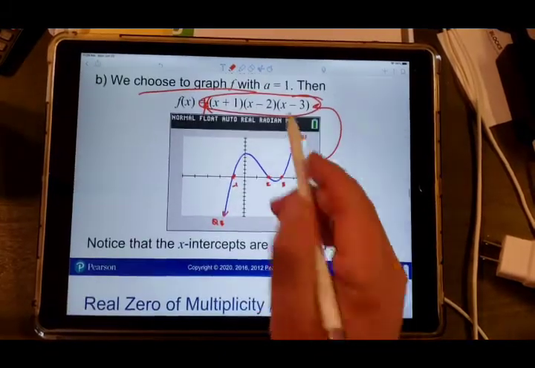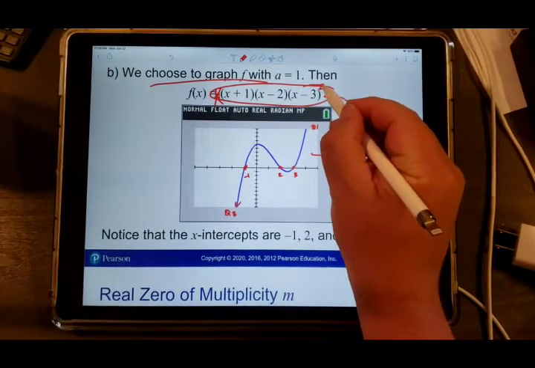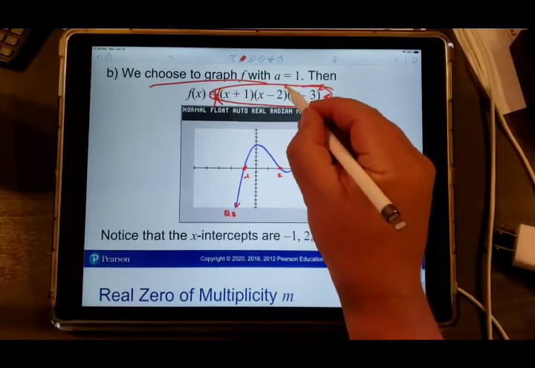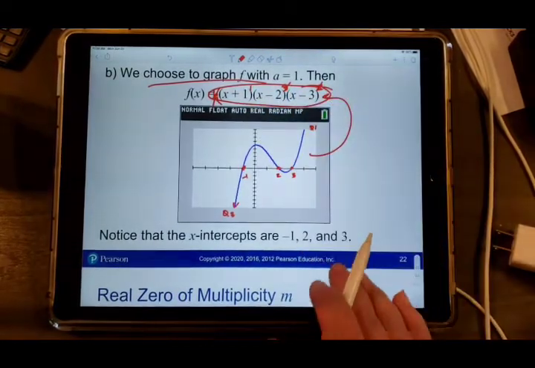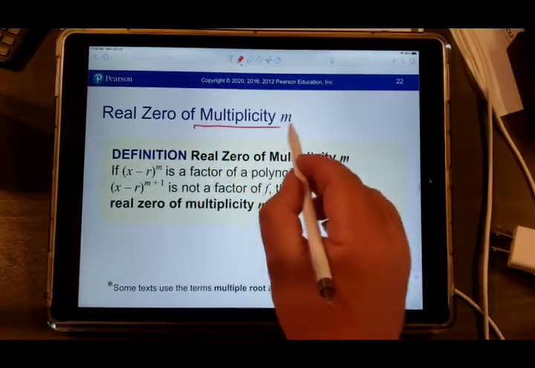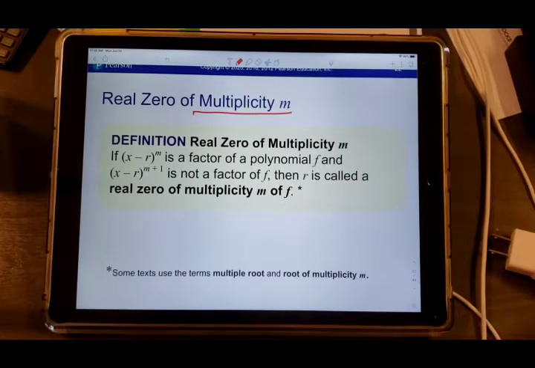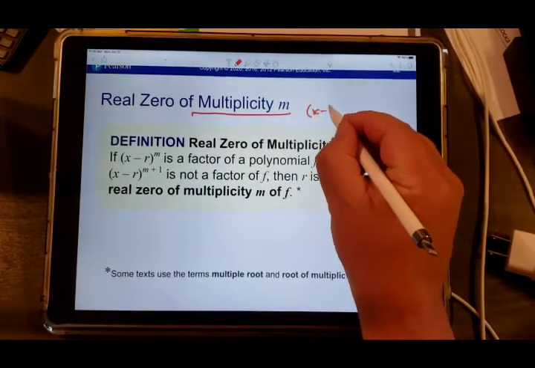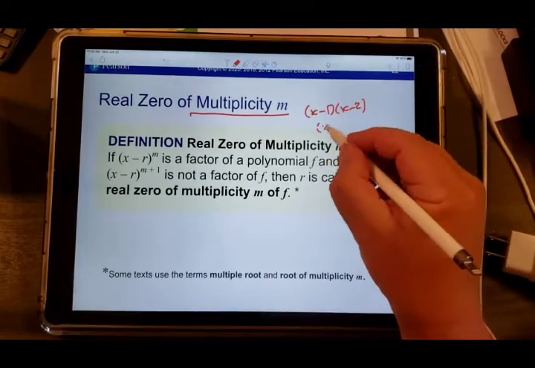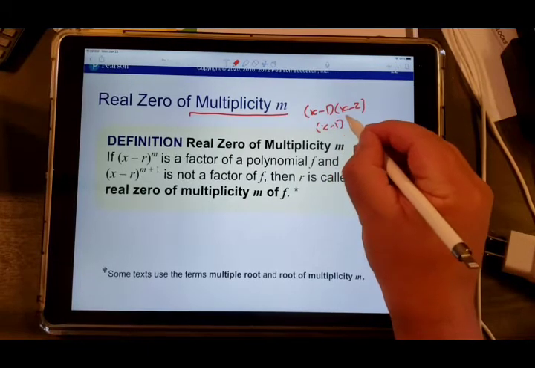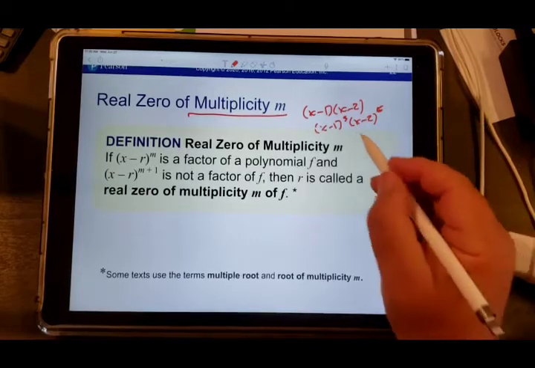So far, I just put a parenthesis around. Notice I didn't put x minus 3 squared or something like that, or cubed. Just assume these were to the first power, and we call that the multiplicity. Multiplicity doesn't give you more intercepts, in other words, the x-intercepts of x minus 1, x minus 2 are the same as the x-intercepts for x minus 1 cubed, x minus 2 to the 5th power.